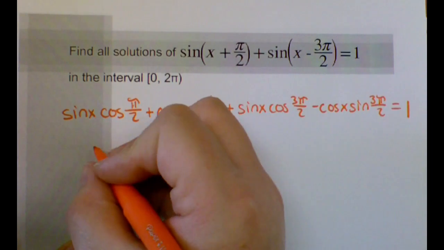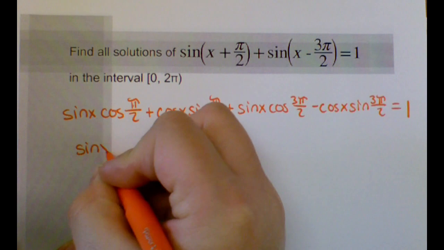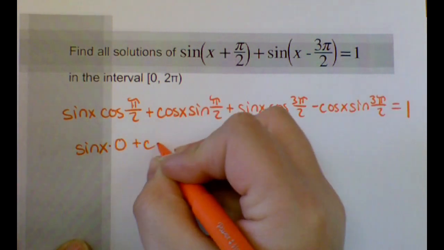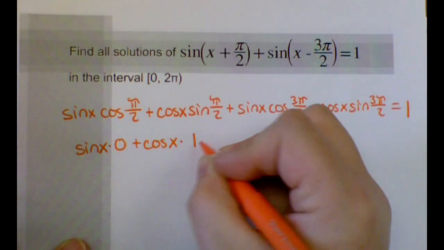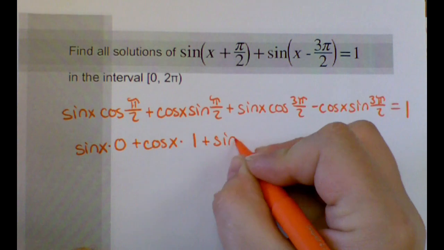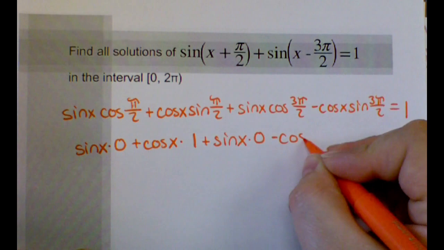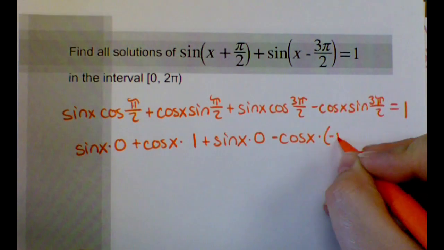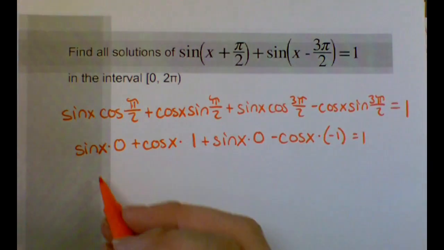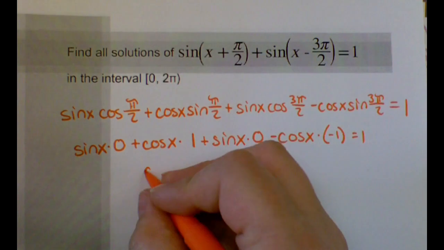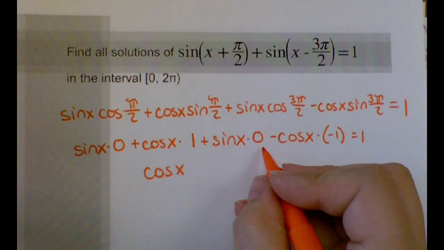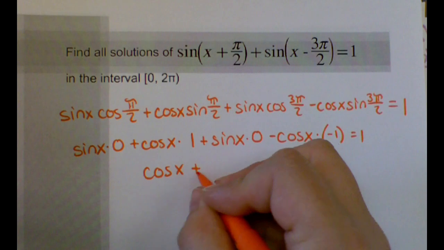So cosine of pi over 2 is 0. Sine of pi over 2 is 1. Cosine of 3 pi over 2 is 0. Sine of 3 pi over 2 is -1. So I'm left with 0 plus cosine of x plus 0 plus cosine of x.